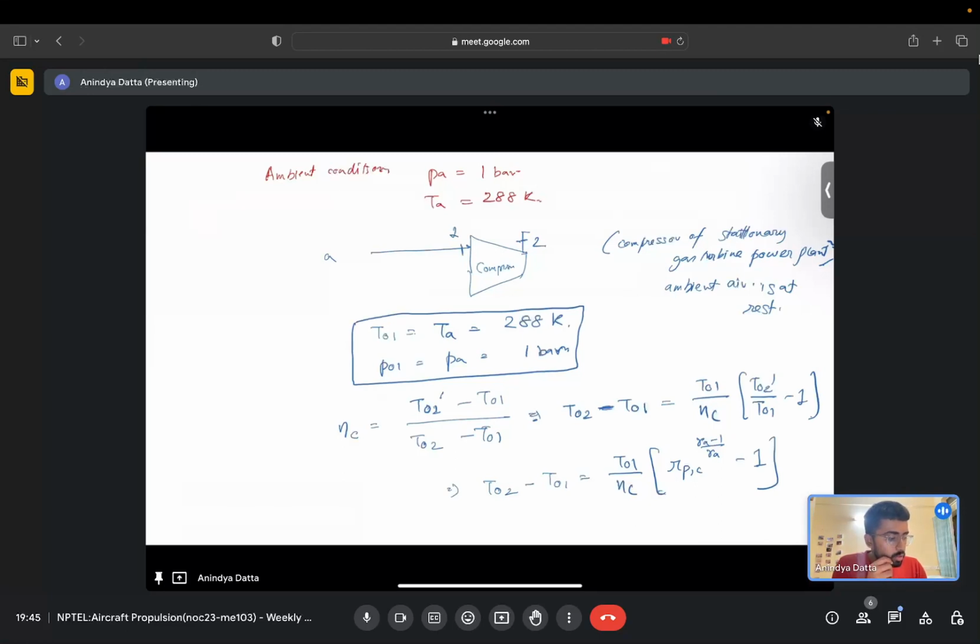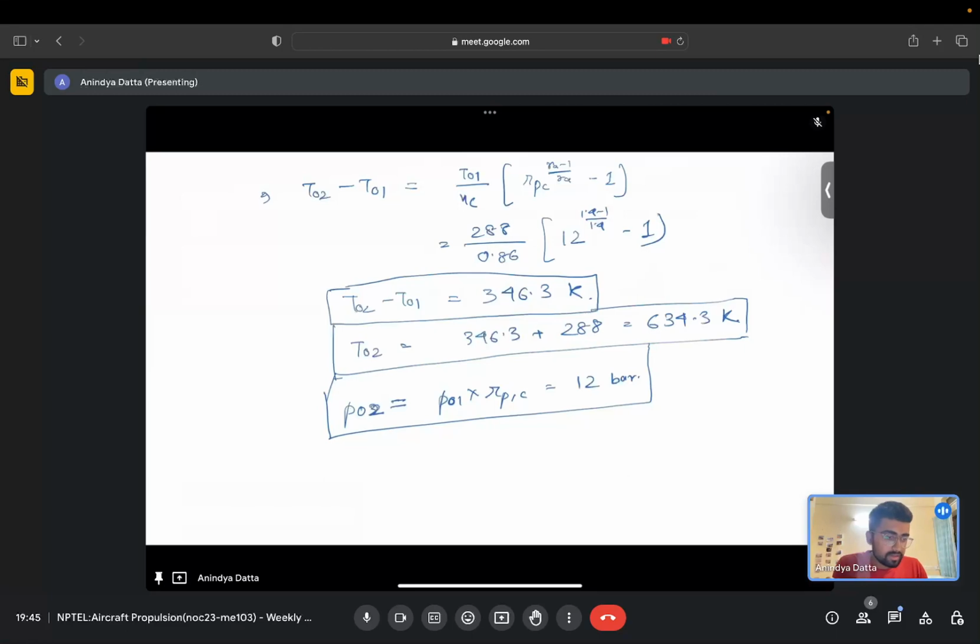At 2, the pressure is simply the inlet pressure times the pressure ratio, and the total temperature we found out by using the pressure ratio, inlet temperature, and the compressor isentropic efficiency, right?